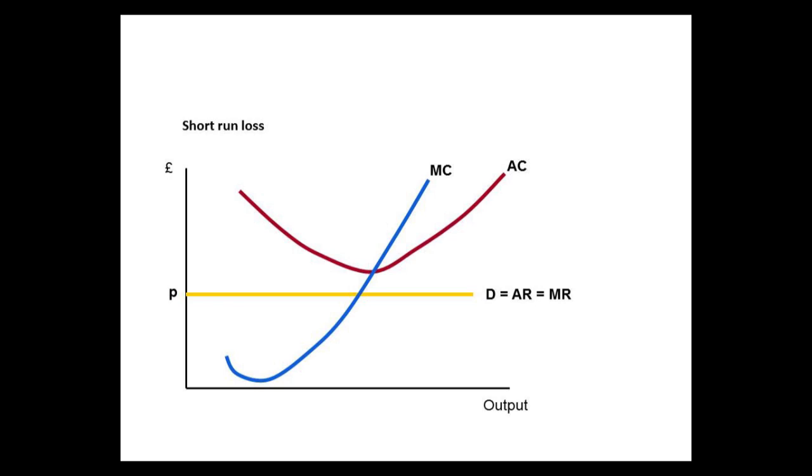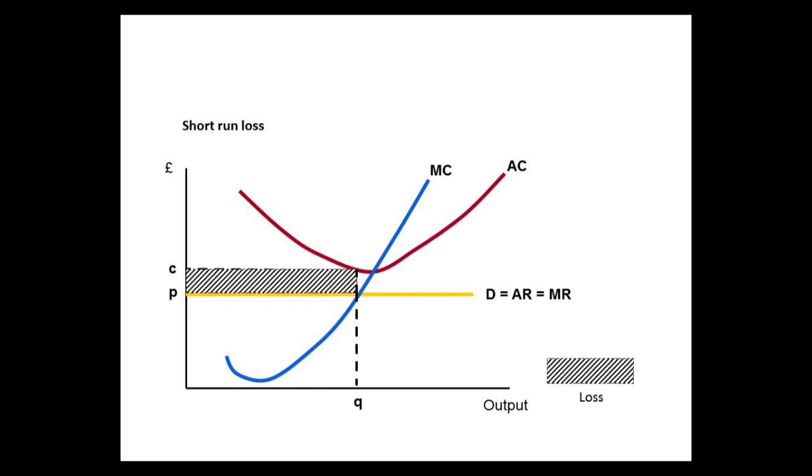But now, when we profit maximize, we produce where MC equals MR, giving us quantity Q, our price is P, and to find C, we have to continue the dotted line along to the AC curve and across to find C. That means that we're going to make a loss, this area here, the cost minus the price for quantity Q.